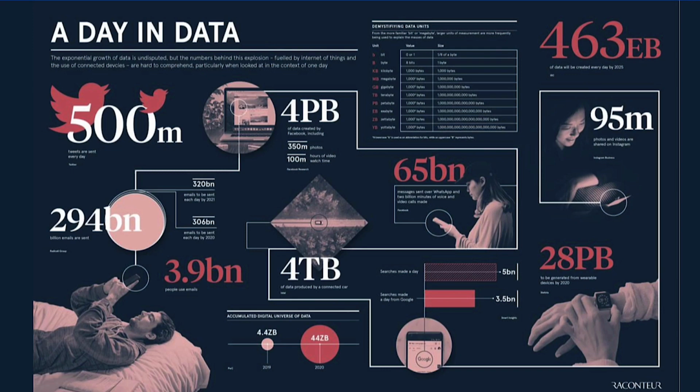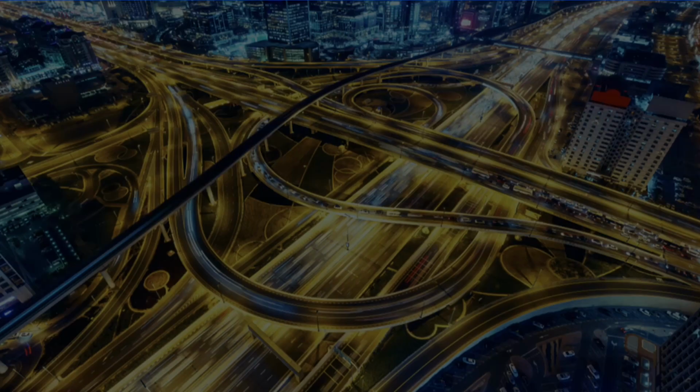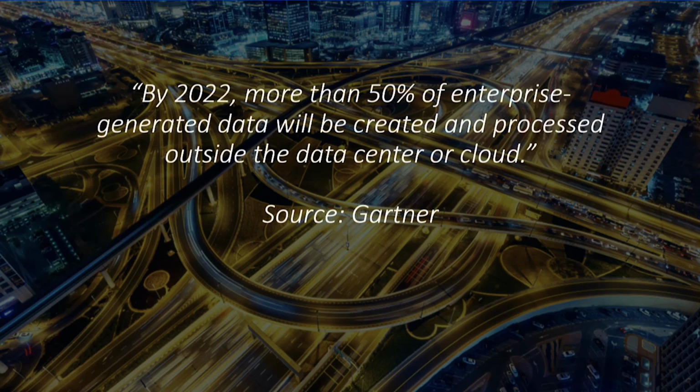So just mind-blowing statistics. Of course, these are worldwide, but if you just think about your own network, how much data is being sent across that network every day? And that network is no longer just in your data center. According to Gartner, by this year, more than 50% of enterprise-generated data will be created and processed outside the data center or the cloud. So that means what we're calling now edge locations. And edge locations are not just retail locations and restaurants.